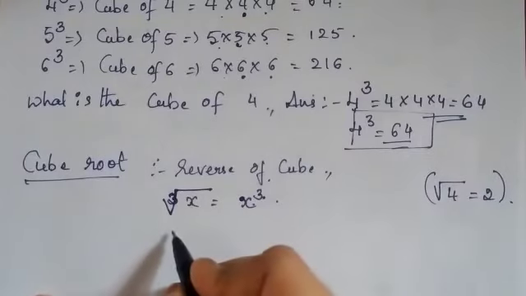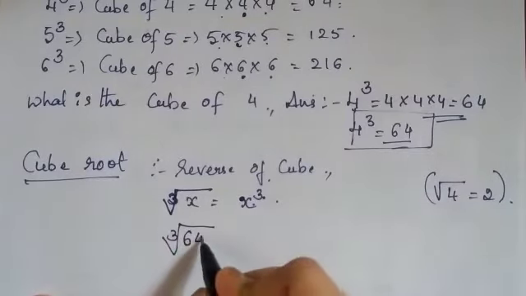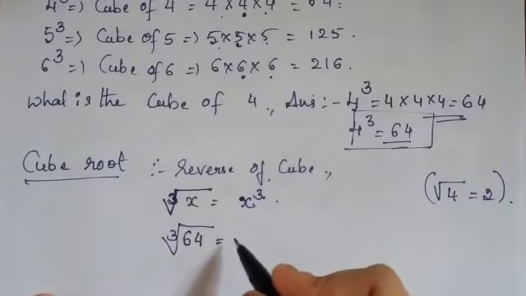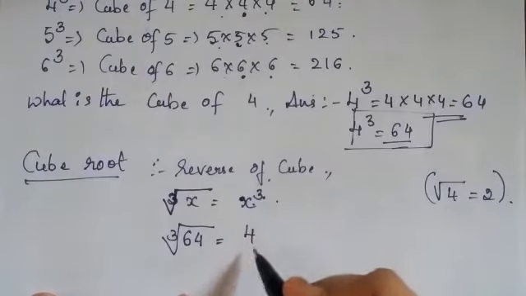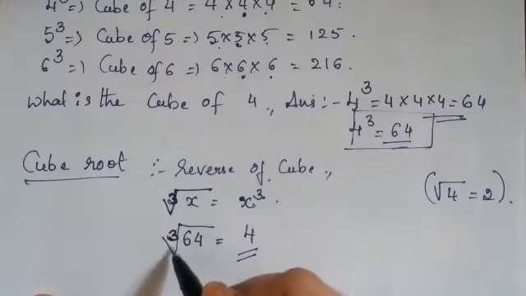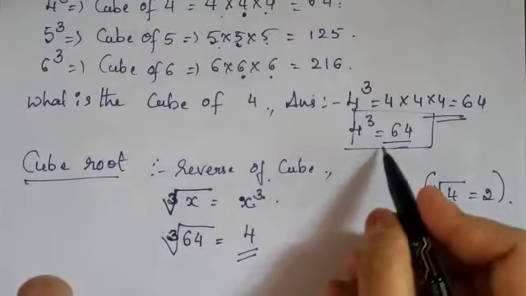For example, if it is given what is the cube root of 64, cube root of 64 is nothing but 4. So for cube root you represent it with a 3 there, that represents the cube root here. Cube root of 64 is 4, isn't it?